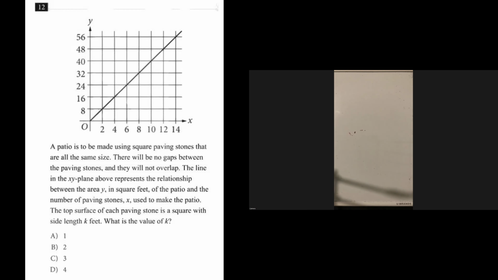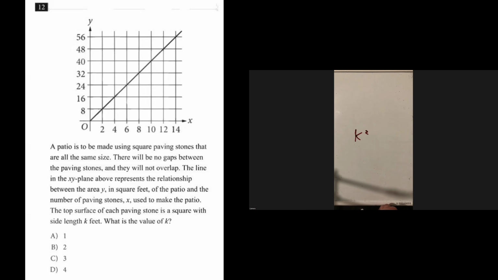Okay, so for question 12, we're told that the line represents a relationship between the area of the patio and the number of paving stones, X. So the area is Y, the number of paving stones is X. We're told that the top surface is a square, so the area would be K squared for each tile.